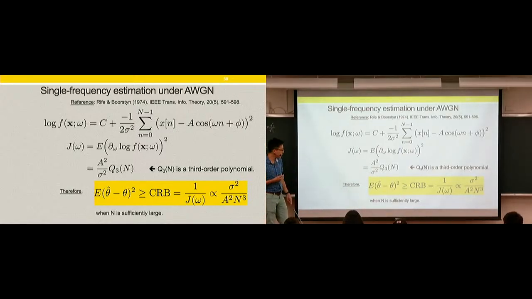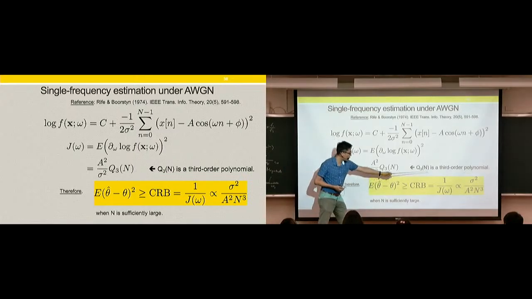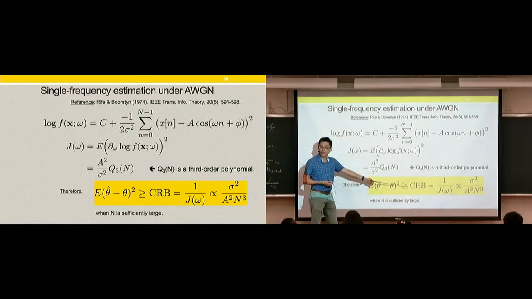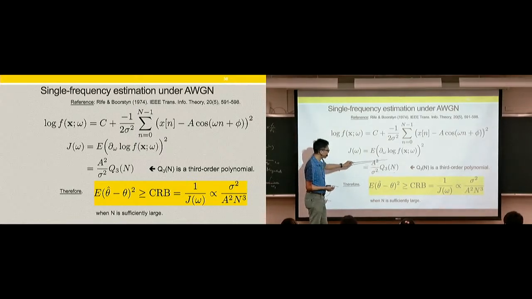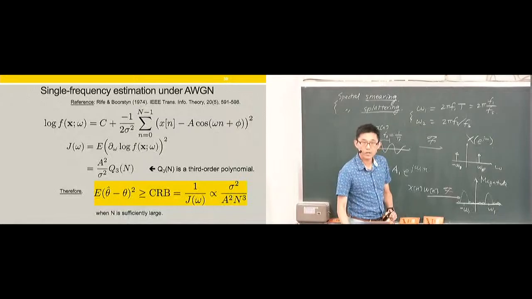So roughly speaking, the estimation error is lower bounded by 1 over J, the Cramer-Rao bound. You don't need to memorize the name. According to this derivation, you get sigma squared divided by A squared divided by a third-order polynomial. You can follow step by step, and if you are patient enough, you may obtain the same result.